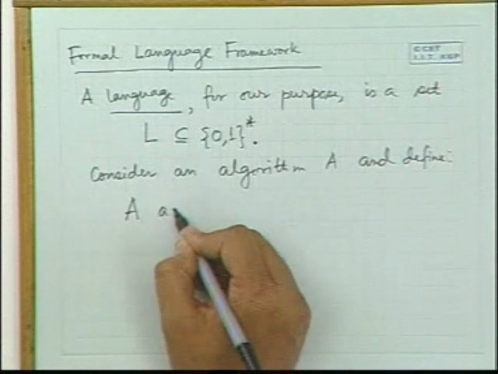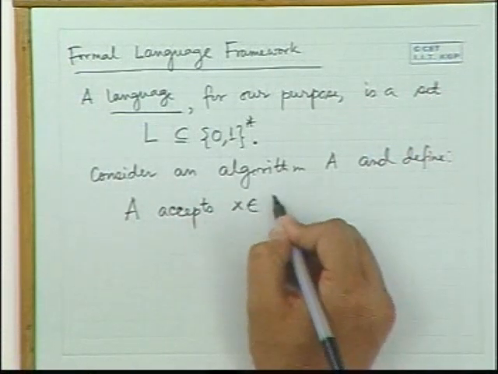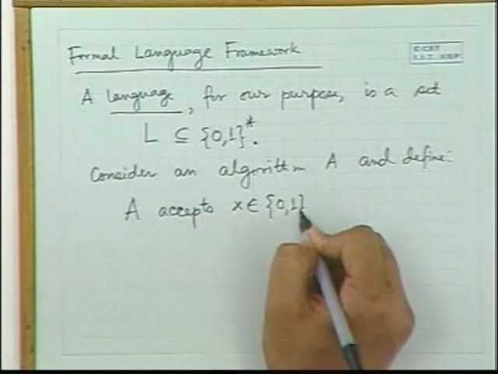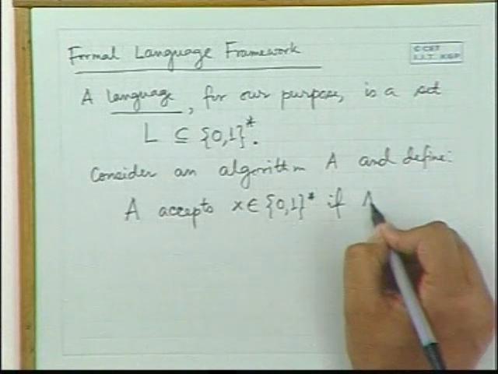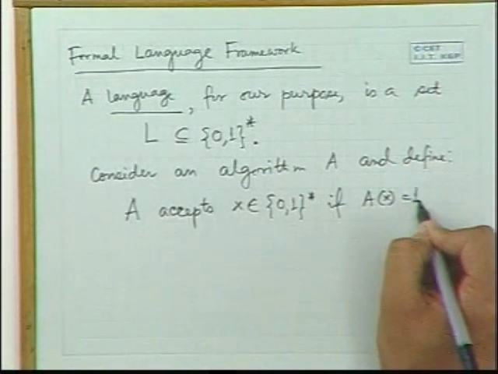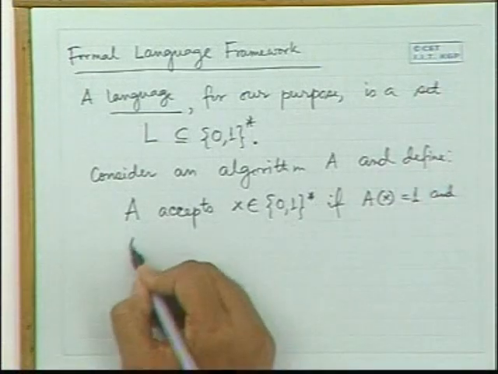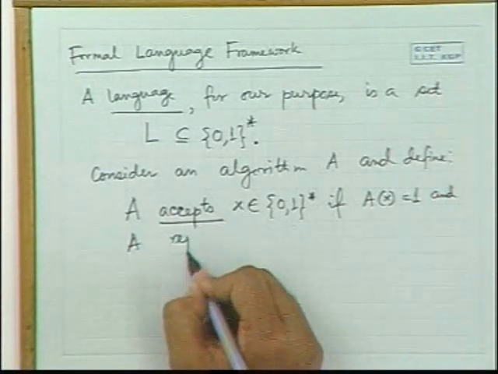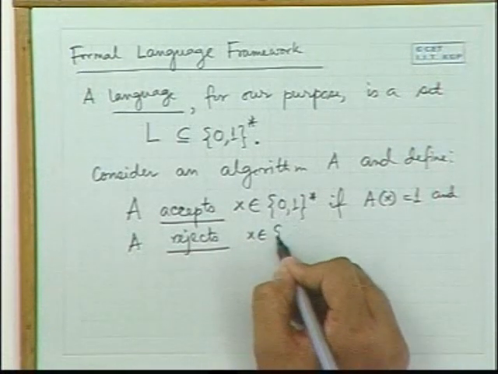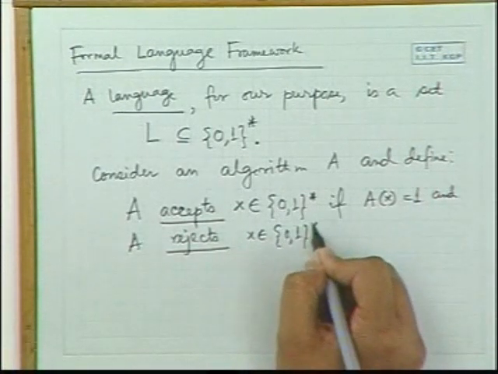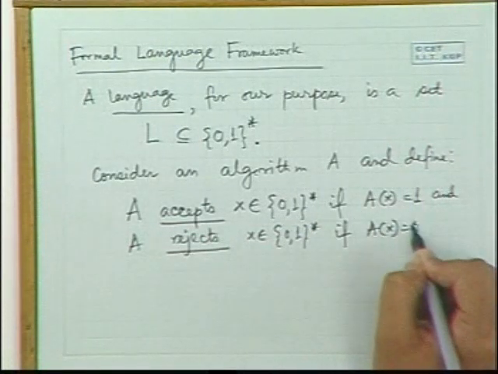A accepts a string x in {0,1}* if A(x) equal to 1, and A rejects a string x in {0,1}* if A(x) equal to 0.